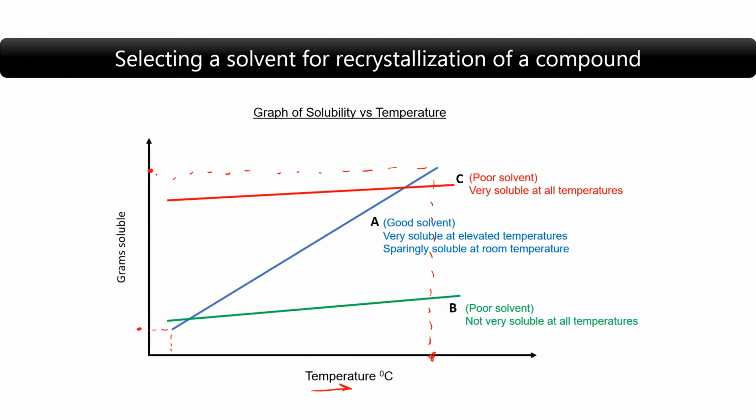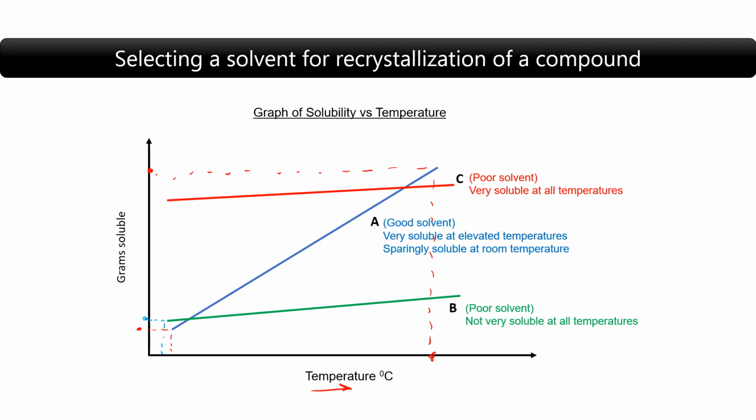B and C are examples of poor recrystallization solvents. If you look at B, the solution B has a lower solubility for our compound of interest at low temperatures.